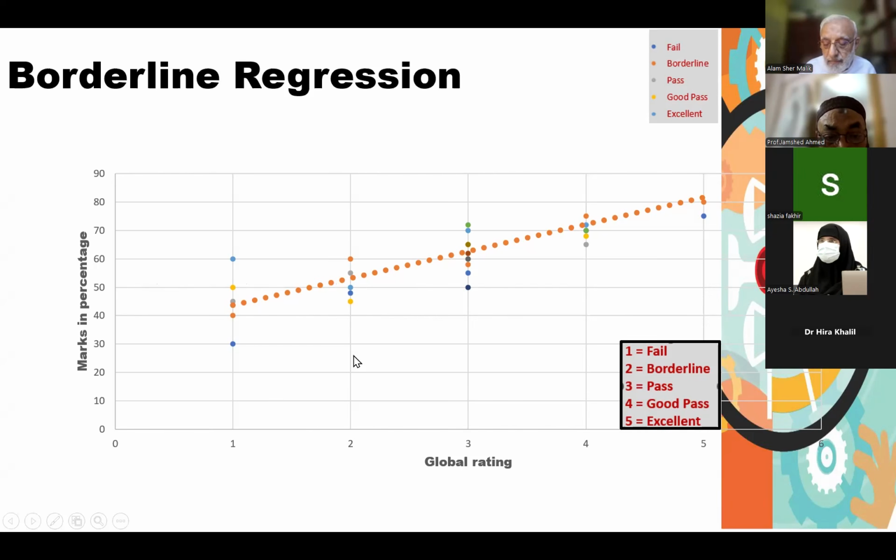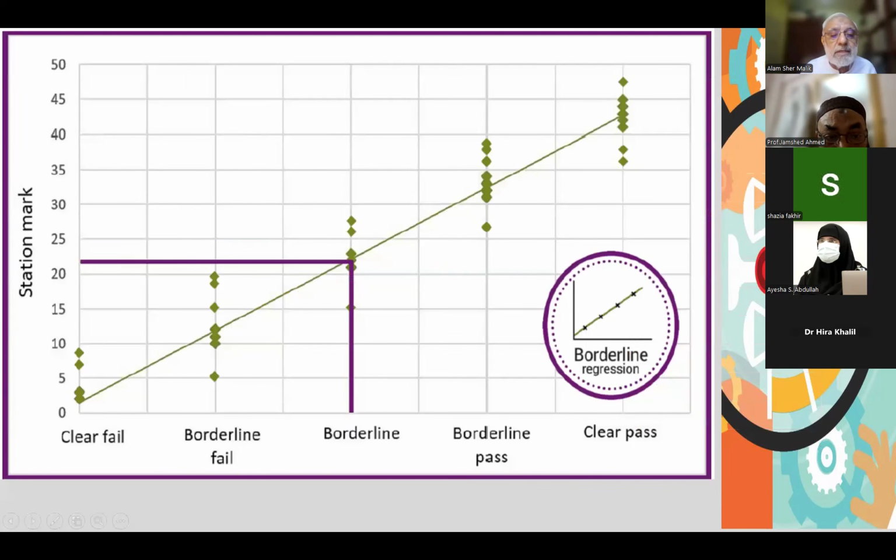If I go to the previous slide again, you see here they have different global ratings, and for each global rating they plot it in the graph. You can even plot it in PowerPoint, or you can use, for example, an Excel sheet or others. And then we draw the trend line, and if you see here, it would be maybe, let's say, 22 here, right?